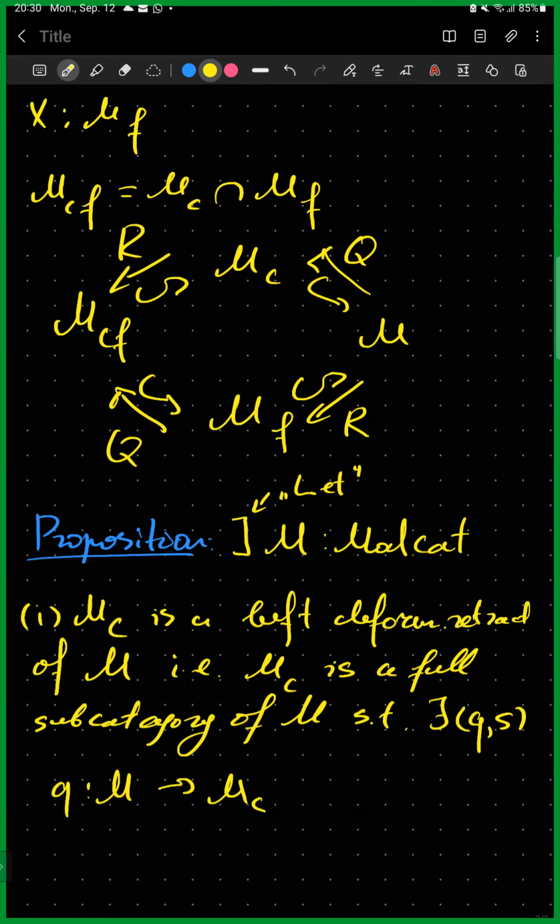Q is just the cofibrant replacement. And it is a homotopical functor, which means it preserves weak equivalences.